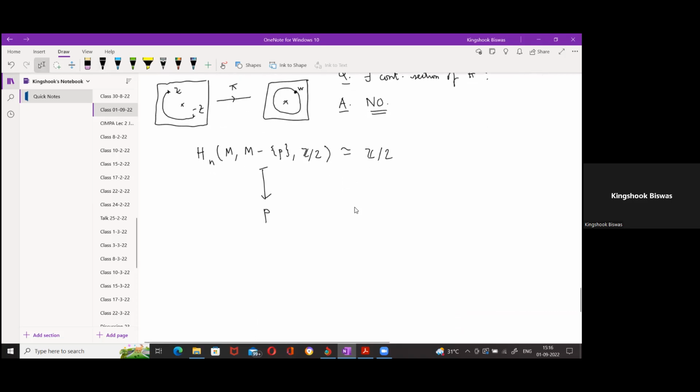Okay. So definition B is that M is orientable.